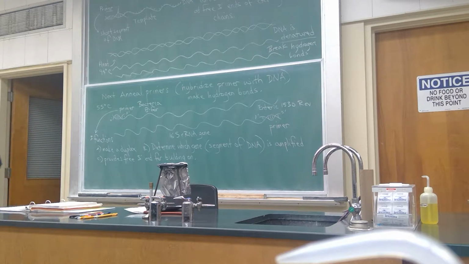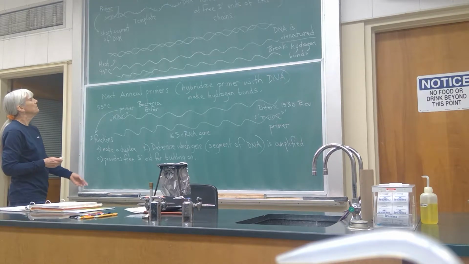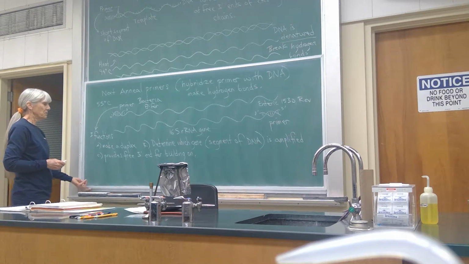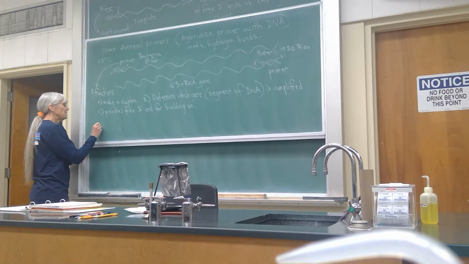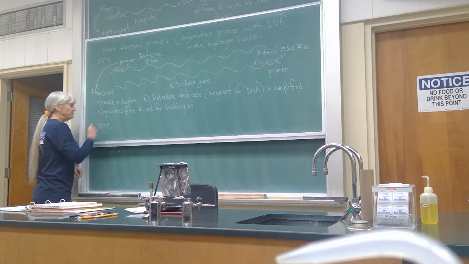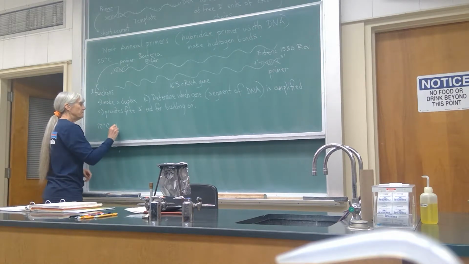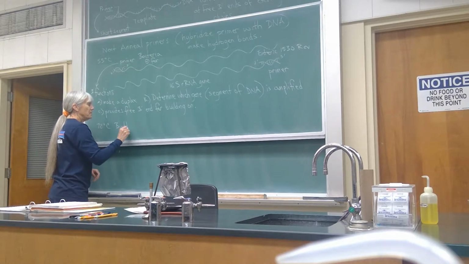Once we've got our primers on there, the next step in this process is to build. We're going to add new nucleotides, so we have to raise the temperature. We're going to raise the temperature up to 72 degrees, and we're going to build new DNA.